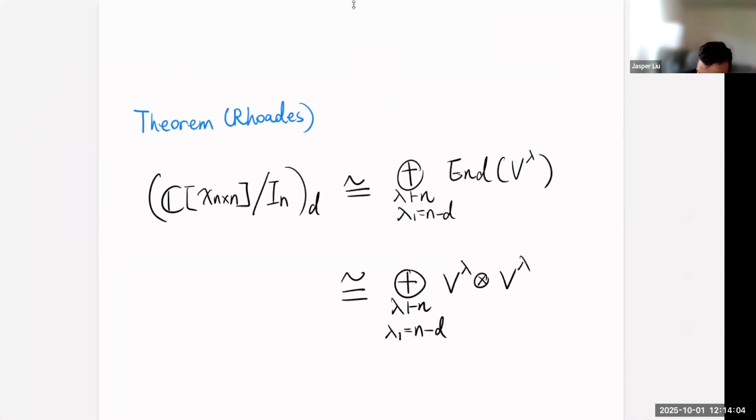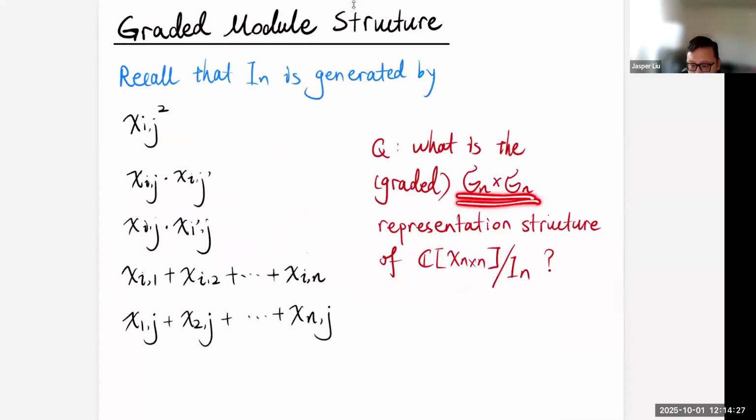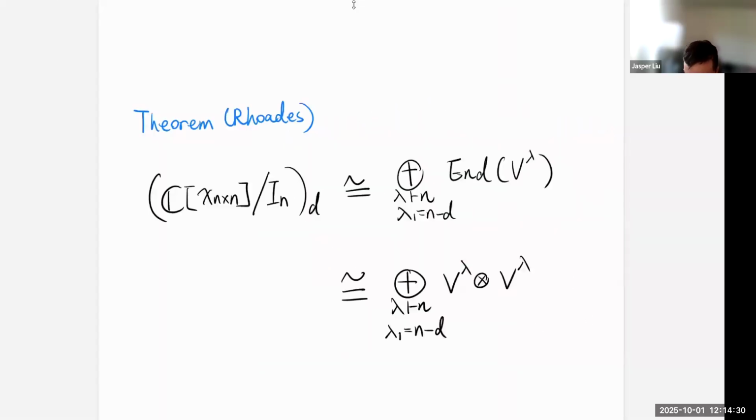That is, if we take the degree d part of this quotient ring, it is isomorphic to a direct sum of irreducible representations labeled by lambda tensor itself, subject to the constraint that lambda_1 is equal to n minus d. So because we're looking at a graded S_n cross S_n representation structure, you can think of it like one copy of S_n will act on the first irreducible representation, and another copy will act on the second one. And that's the story for this quotient ring.